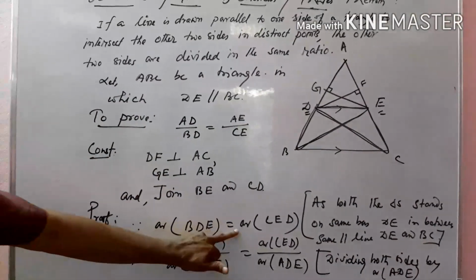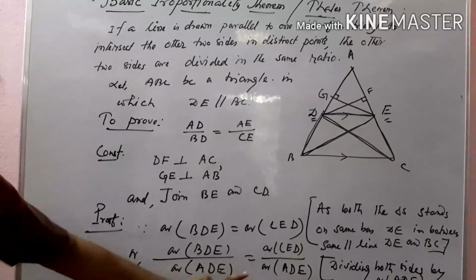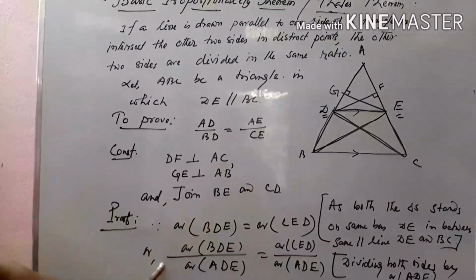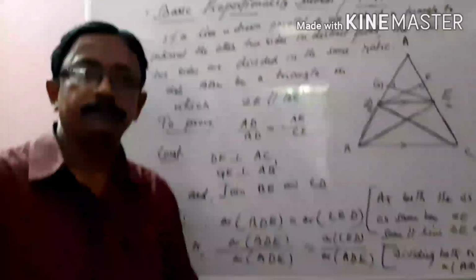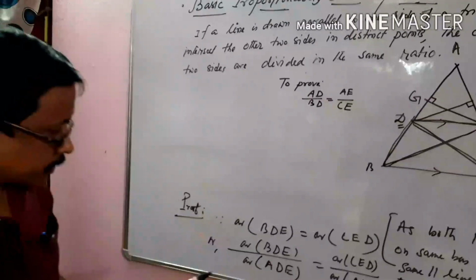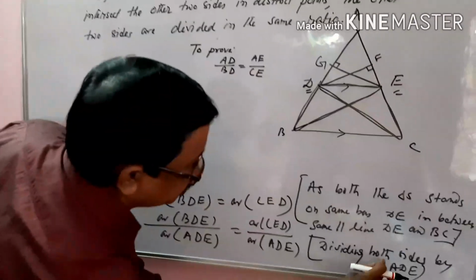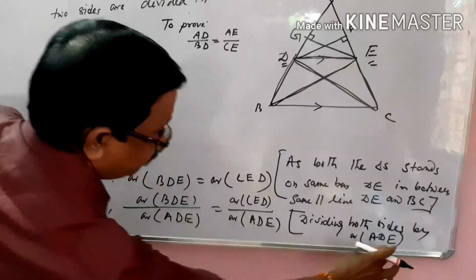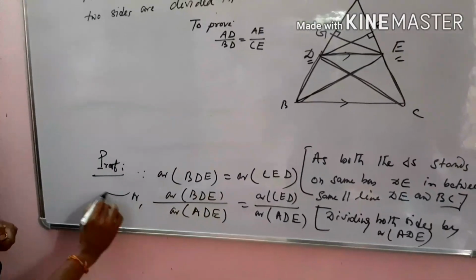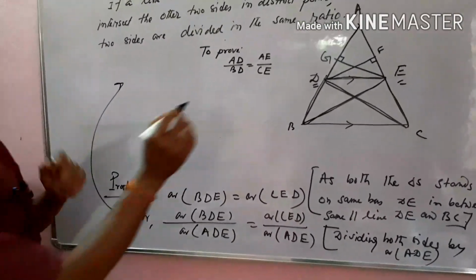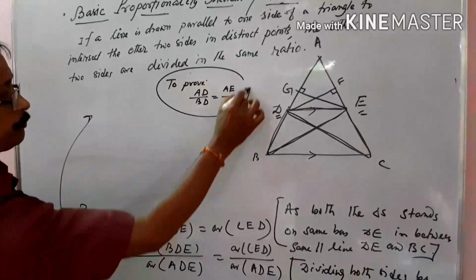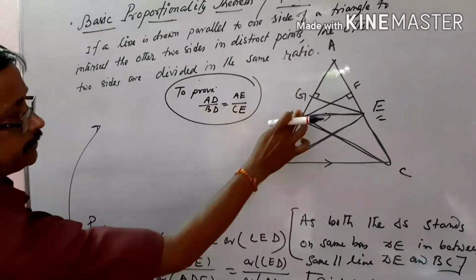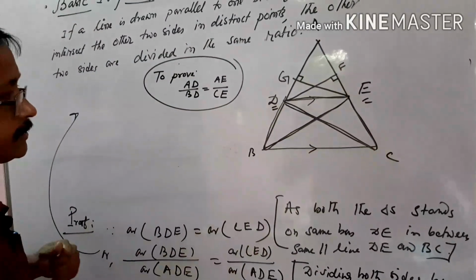First you have taken it and whatever is divided by this, you have understood that one, no? Okay, students. After that, dividing both sides by area of ADE. Now from this point, you come there. Ultimately, what do we have to prove? We have to prove AD by BD equals AE by EC.